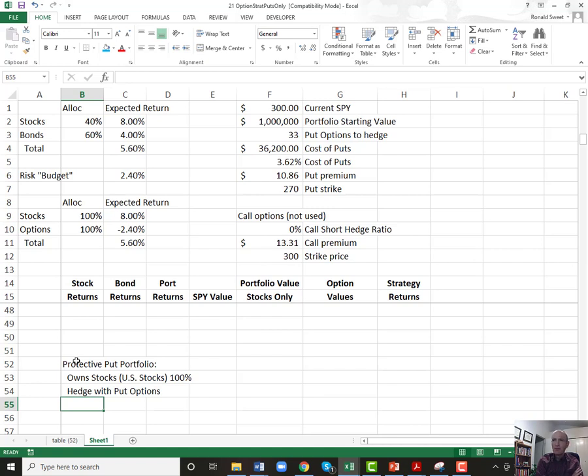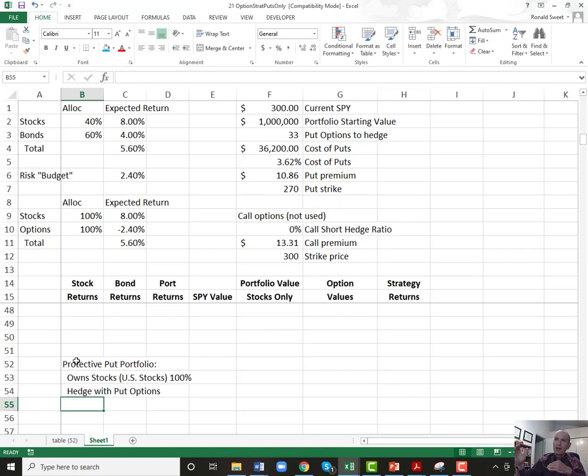And it's key that it gives you the right to sell something. A call option gives you the right to buy something. So we're talking about buying a put option. The put option gives you the right to sell something at a price. That's kind of nice to have, because if the thing you're hedging falls in price, let's say it falls from $500 to $400, but you have a put option that gives you the right to sell it for $450.